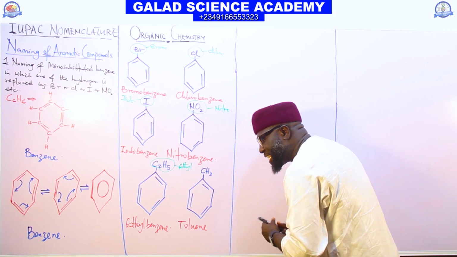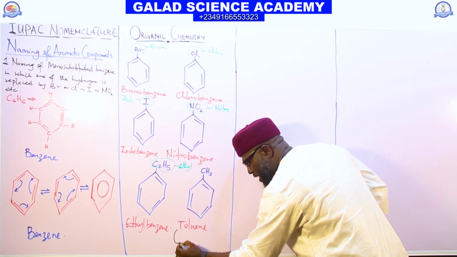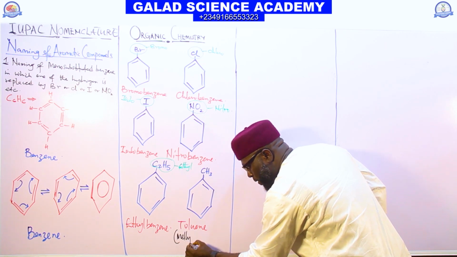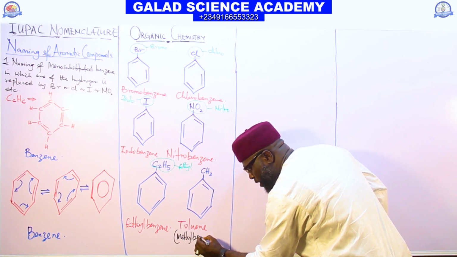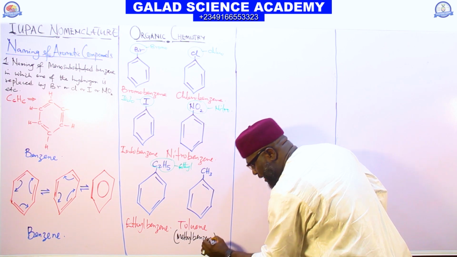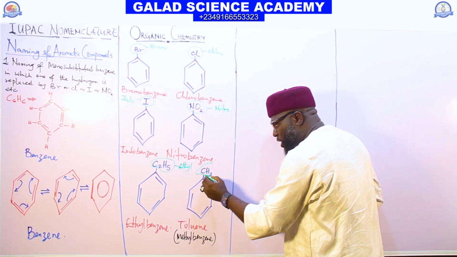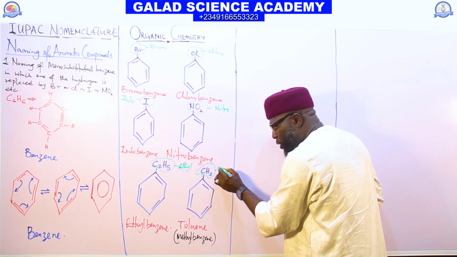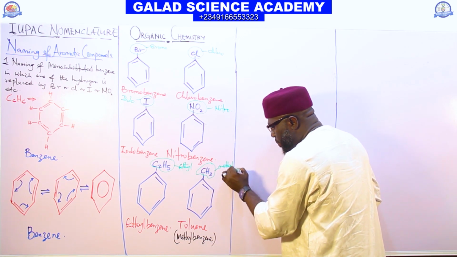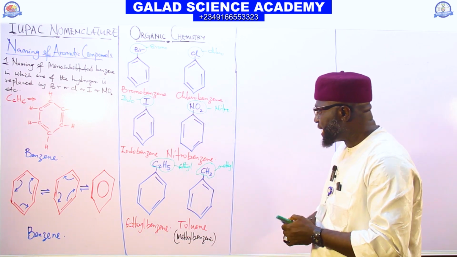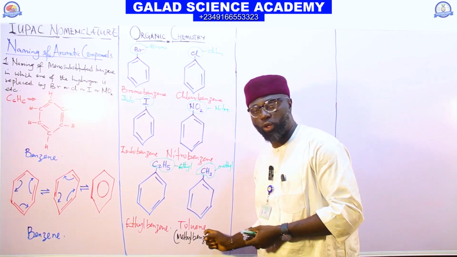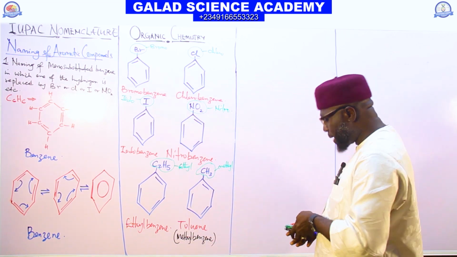This toluene, we can also call methylbenzene, because this methyl we have here, we call it methyl. So another name for methylbenzene is toluene.